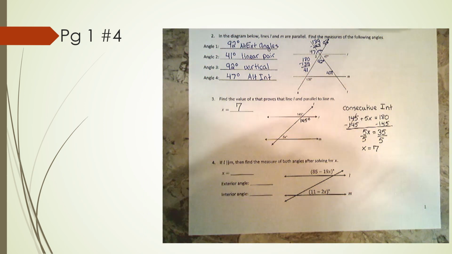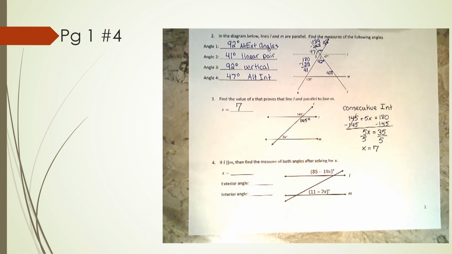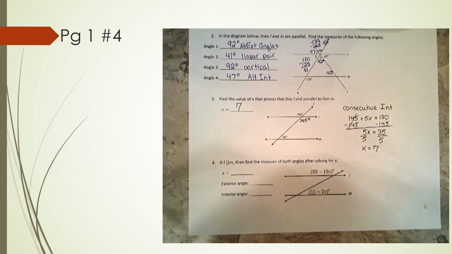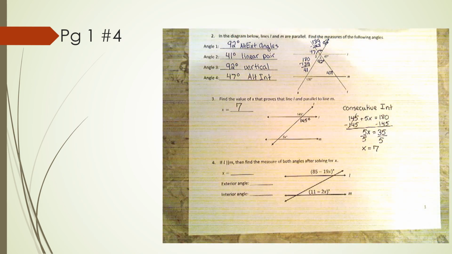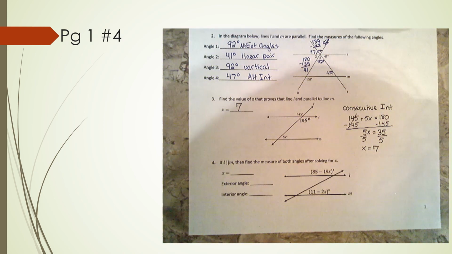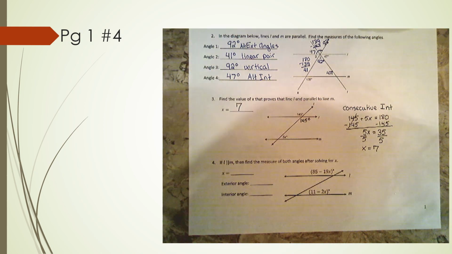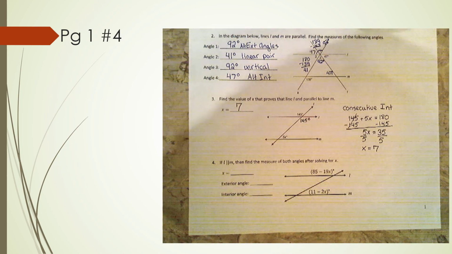All right, so the last one on this front page says, if L is parallel to M, then find the measure of both angles after solving for x. So looking at where these equations are placed, I don't have an angle relationship for them right now. So just like the problem before, I'm going to want to make it so I move one of them somewhere so I can use an actual angle relationship.